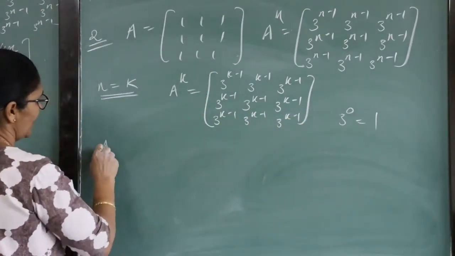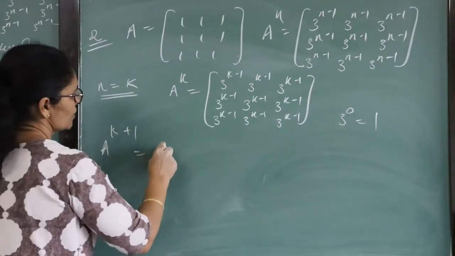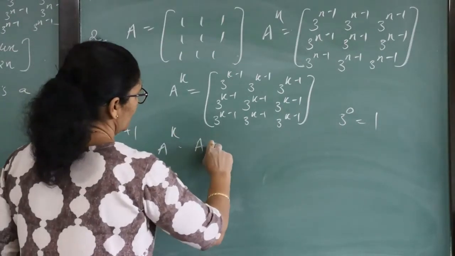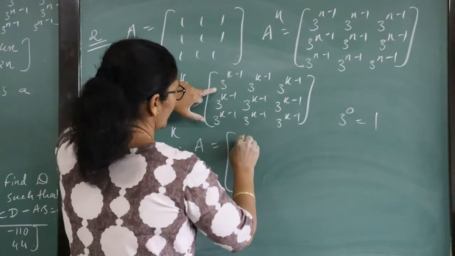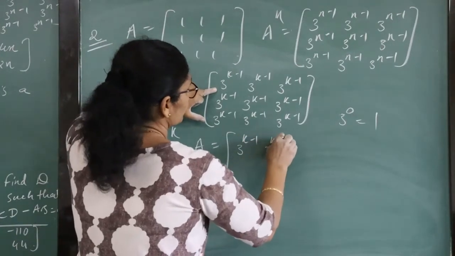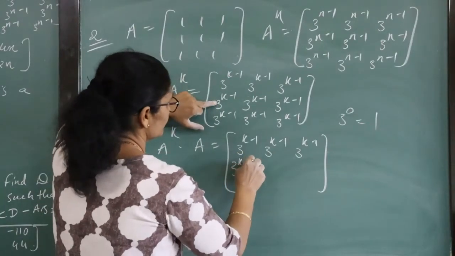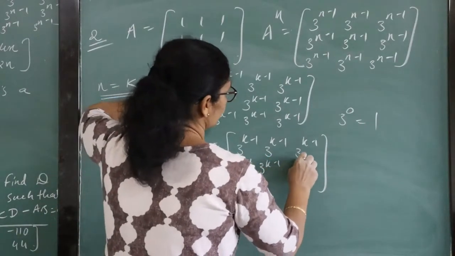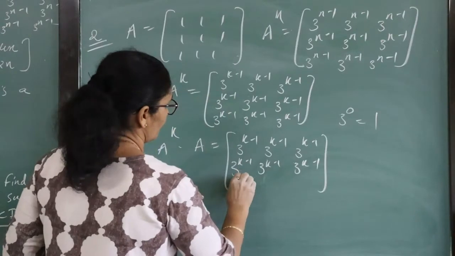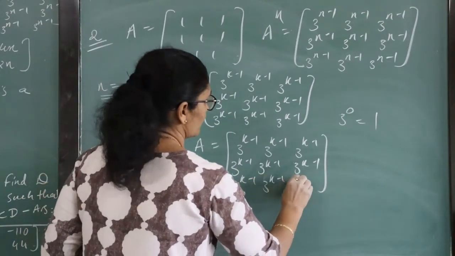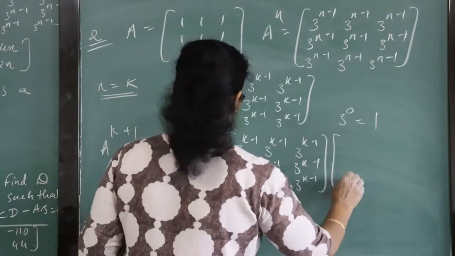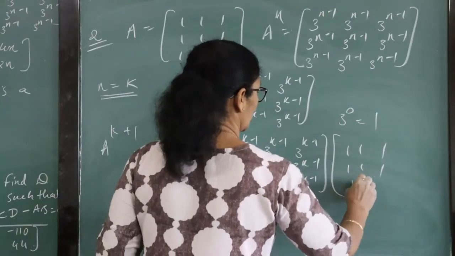Now very simple, last step k plus 1. We split A raised to k into A raised to k, we have to write this and matrix A is 1, 1, 1, 1, 1, 1.